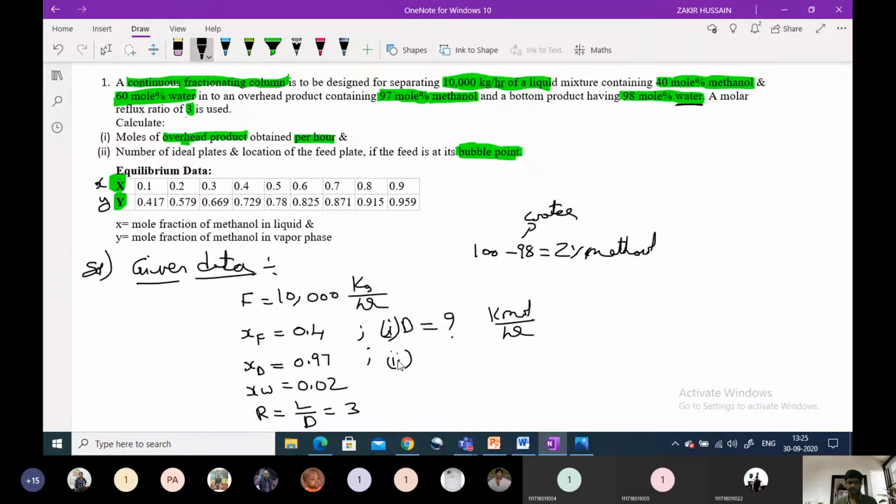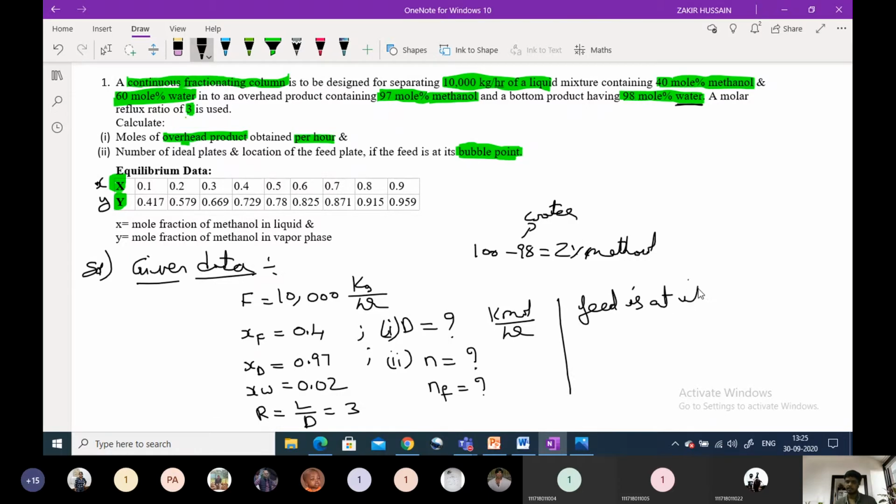In the next bit they are asking for the number of ideal plates. We will denote the ideal plates with N. They are asking for the number of plates and the location of the feed plate, NF, meaning on which plate the feed is located. And one more data is given: the feed is at its bubble point.